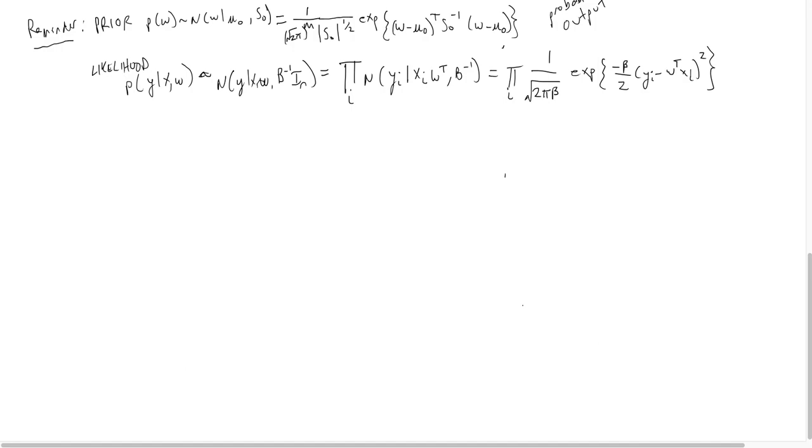So now that we have explicit derivations for explicit form for the prior and the likelihood, let's turn to the posterior and try to prove that it's normal. So the way that we're going to do that is we're actually going to take the log of the posterior. And remember that the posterior is equal to the likelihood times the prior, that normalized.